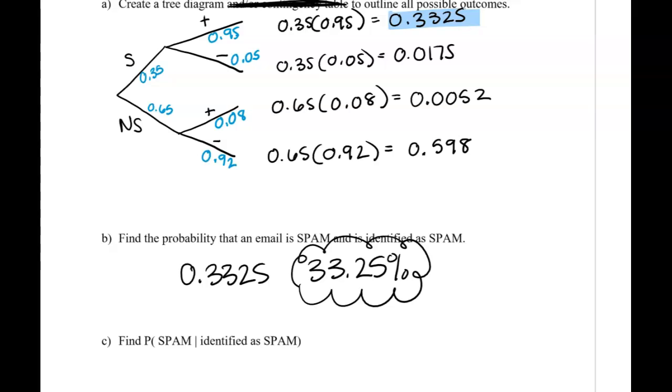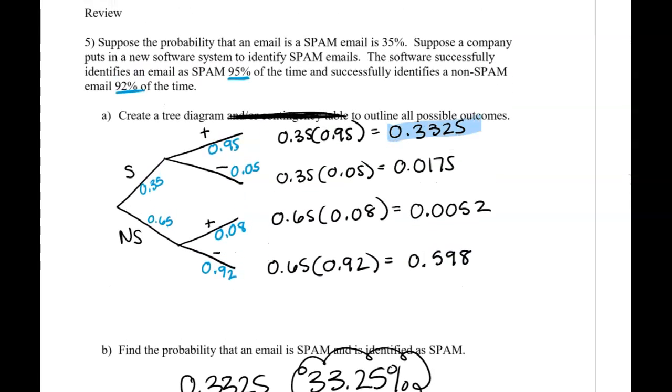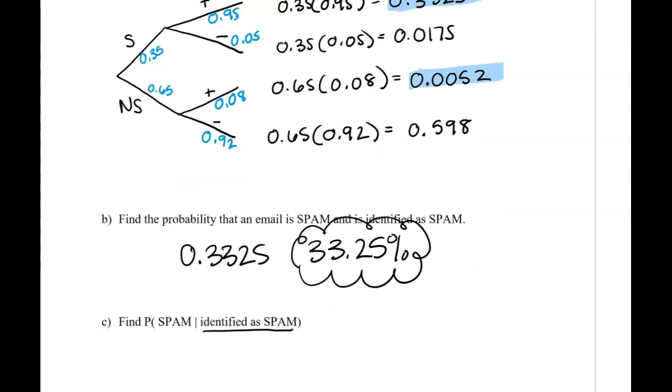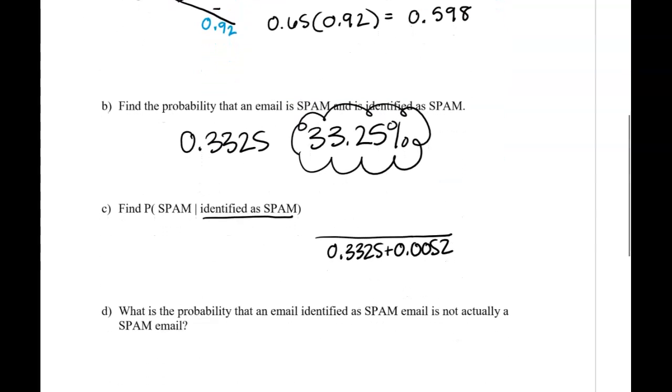Now we have probability of spam given it's identified as spam. So now our denominator is going to be all the ones identified as spam, which is the 0.3325 and this one right here. So this is spam and identified, this is not spam and identified as spam. So our denominator then is 0.3325 plus 0.0052. And how many of those are spam? That's the 0.3325.